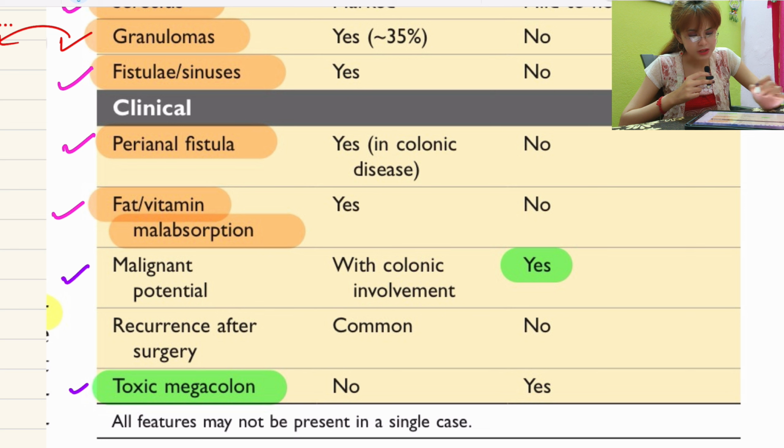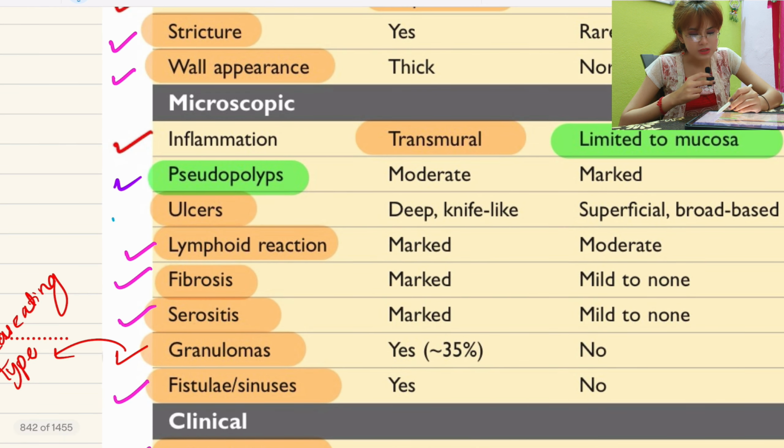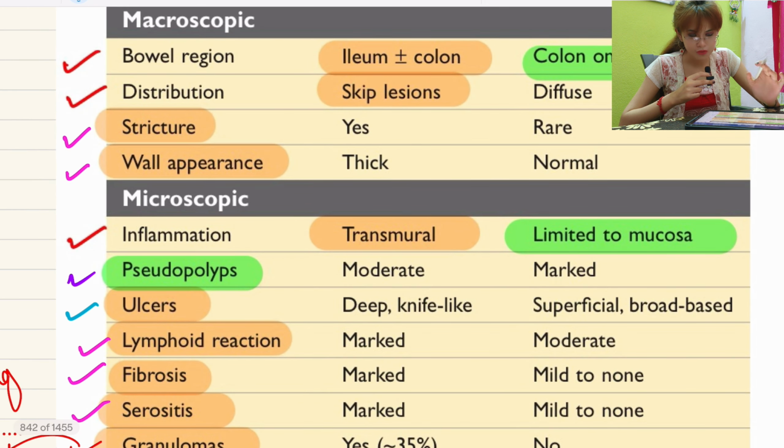Recurrence after surgery is another point. Yes, it is common in case of Crohn's disease, but there is no recurrence after surgery in ulcerative colitis. So these ulcers are deep in Crohn's disease because it is transmural involvement, and they are superficial and broad based in ulcerative colitis.